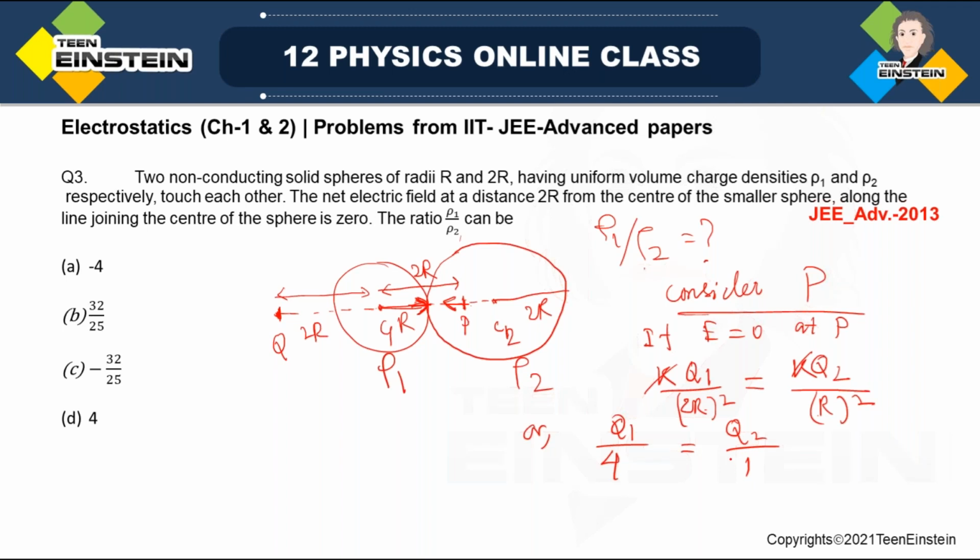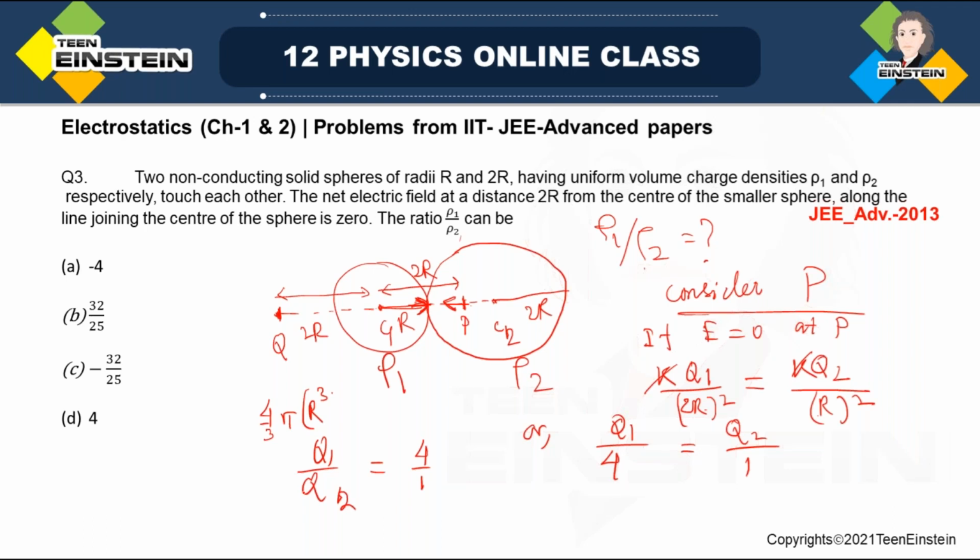So Q1 by Q2 will be 4 by 1. Now in place of Q1, I can write 4 by 3 pi r cube into rho 1.